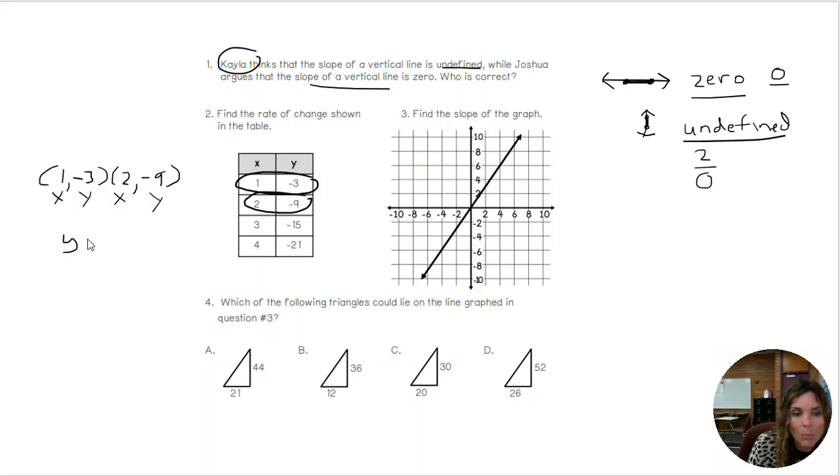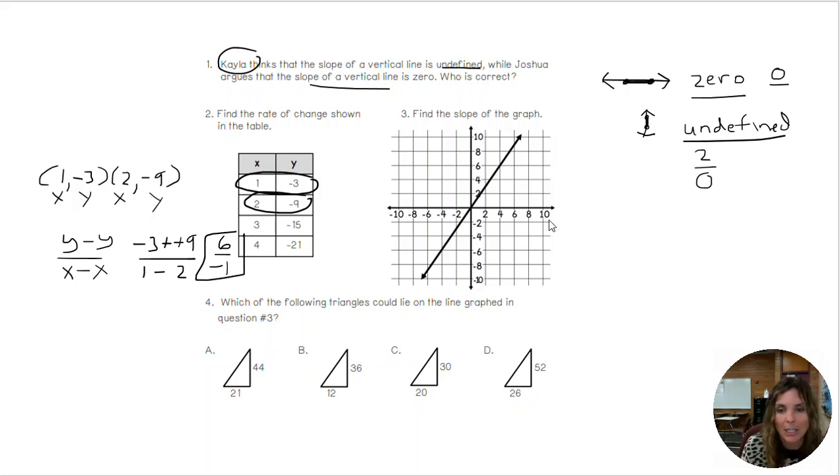When you do the y minus y over x minus x, you're going to end up getting -3 minus -9 over 1 minus 2. So this becomes adding a positive. This is going to be 6 over -1. So make sure you're putting that in your calculator just to double check your integer operations. Many of you missed this question just because you didn't add or subtract correctly.